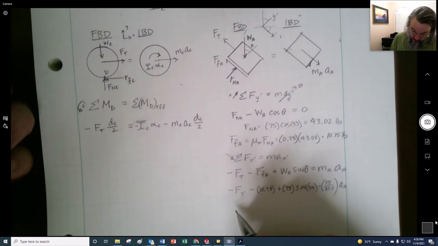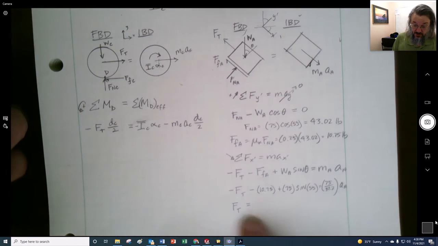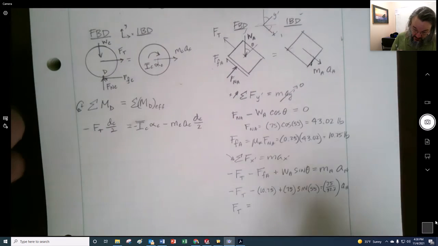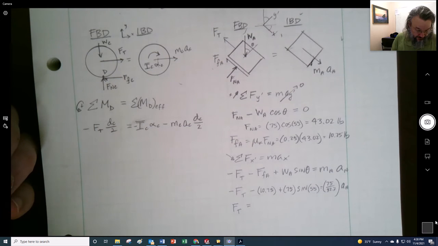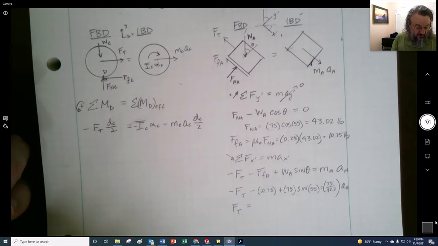So Ft, the force due to the tension here, is going to be, okay, so 10.75, I'm going to go 75, and the sine of 55 times, right, so I'm just double checking here.